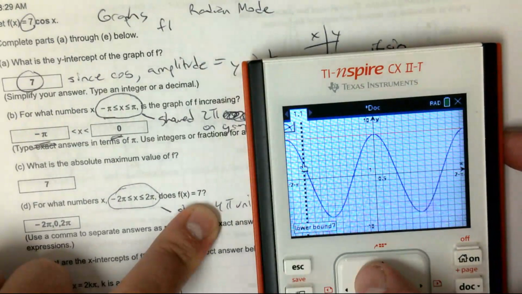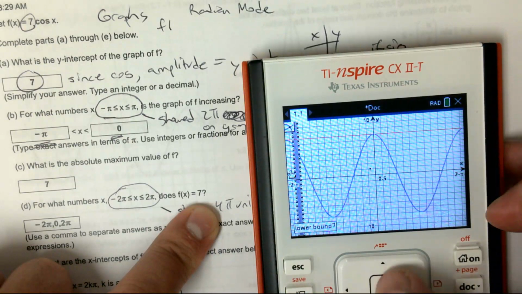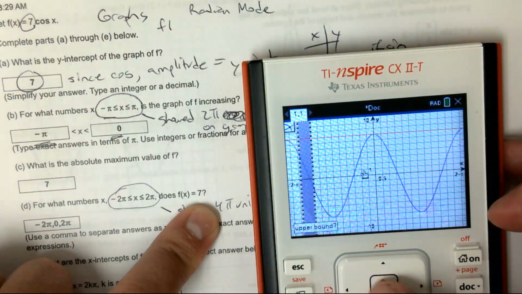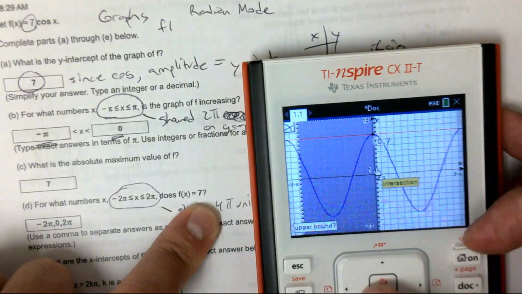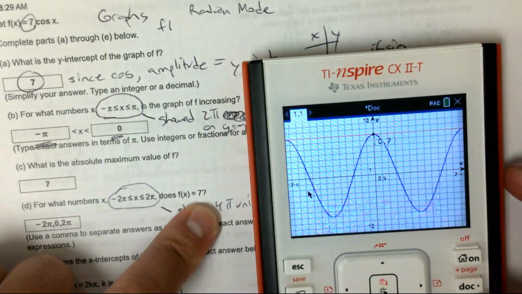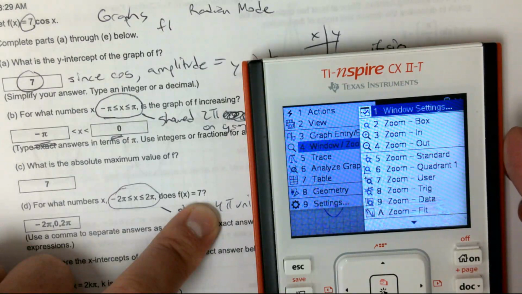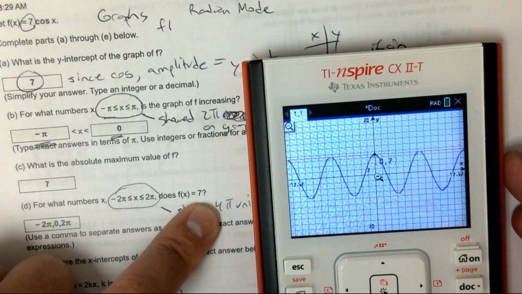So it's going to be tricky against the side. I don't think it's going to work. No, it didn't work. But it got this one, which was 0 to 7. So what you'd have to do is just zoom out. And then you can get it.